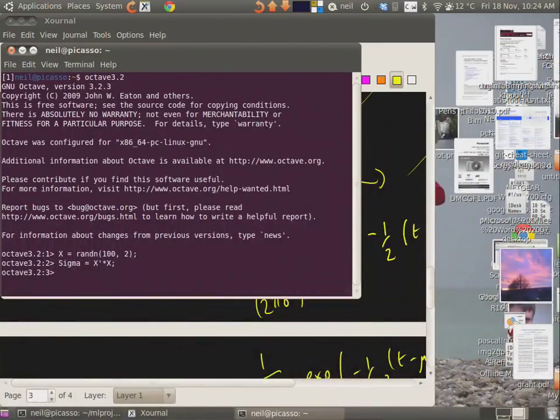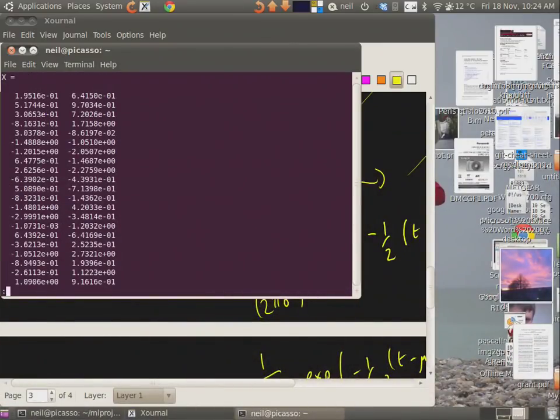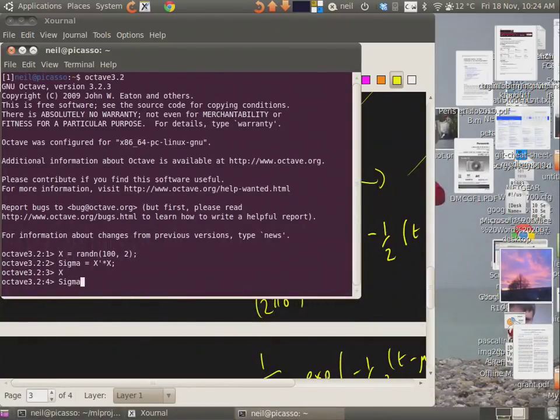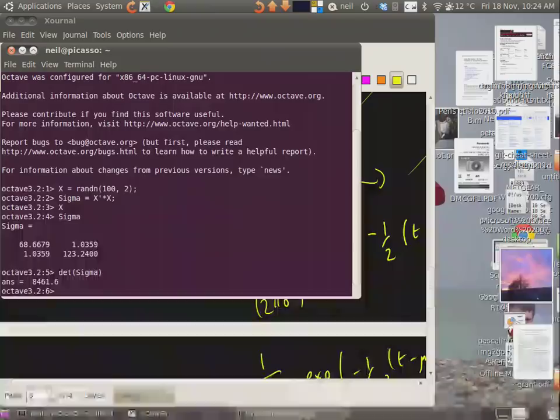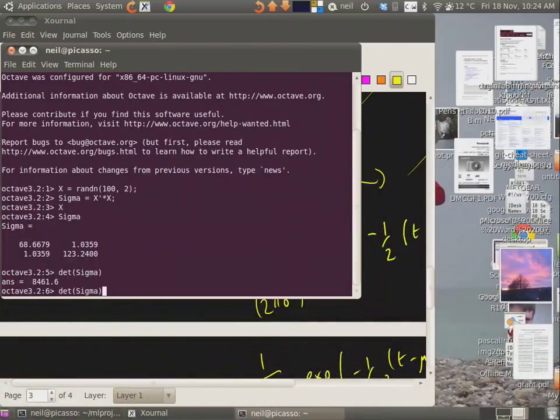I'm just making a matrix that I know to be positive definite. So that's a positive definite matrix. How difficult is it to compute the determinant? Ow, that was painful, wasn't it? This is why MATLAB and Python and these things are useful.